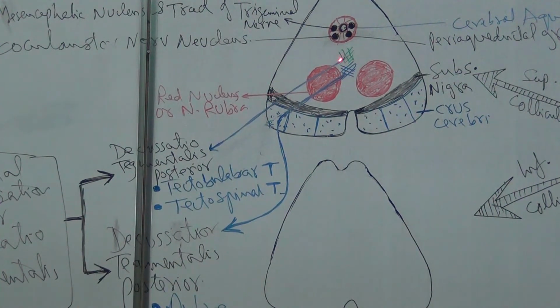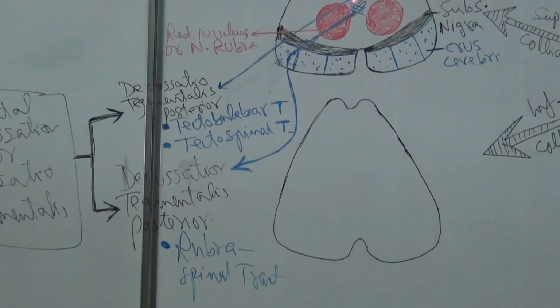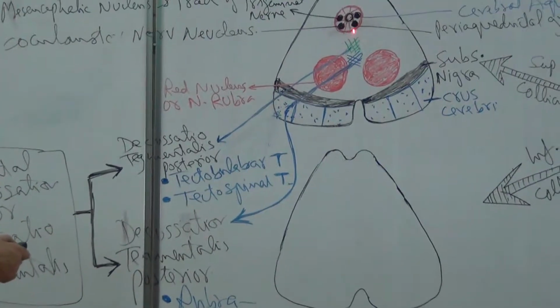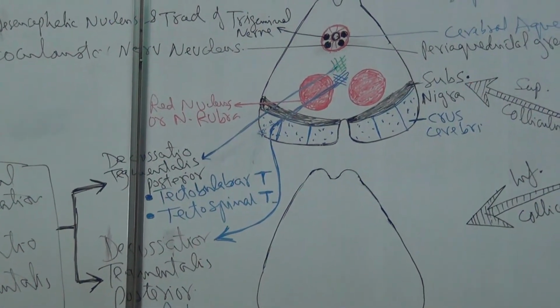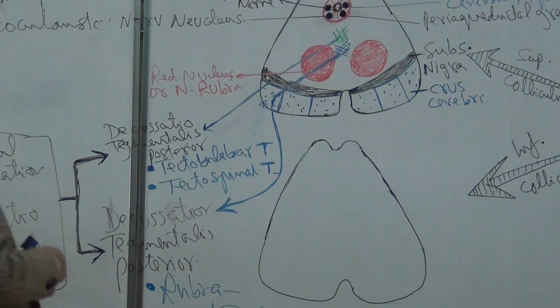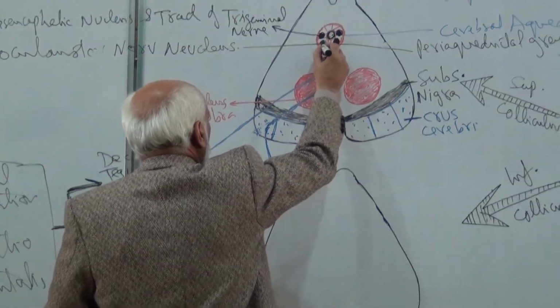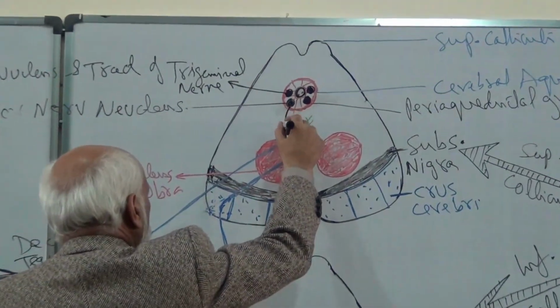So these tracts decussate here, towards the middle of the reticular formation and anterior to the central gray matter. Then the oculomotor nerve nucleus, from it the oculomotor nerve fibers arise.